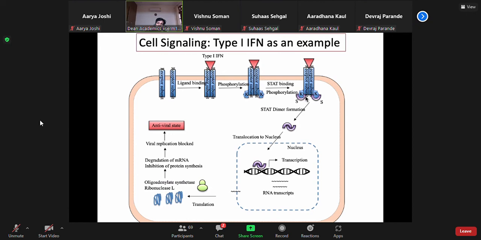You generate these STATs. Once these STATs are scaffolded onto the cytoplasmic tail of this receptor, they are again phosphorylated in their tyrosine and serine residues. As a result, they will dislodge and form STAT dimers.